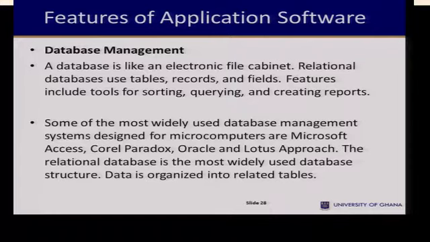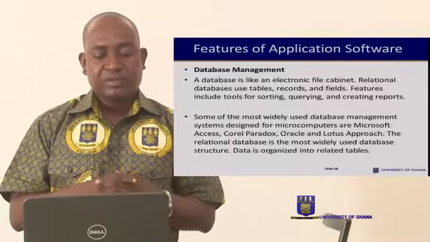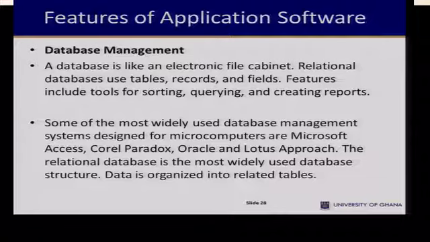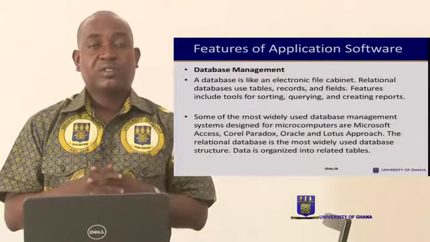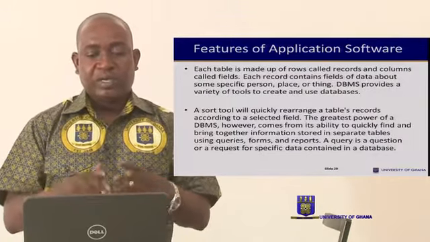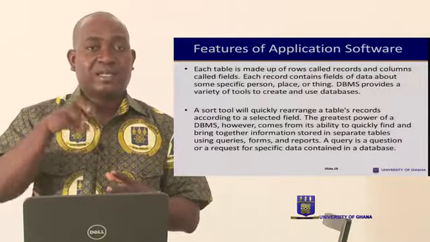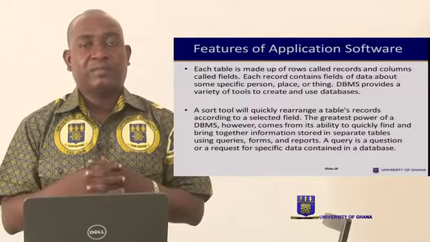The next one to look at is the database management system. For the database management system, we have different applications. We can talk about Microsoft Access, Corel Paradox, Oracle, and even Lotus Approach. These are all different database systems that could be used. For Microsoft Office, we are looking at Access as the database component in that package.